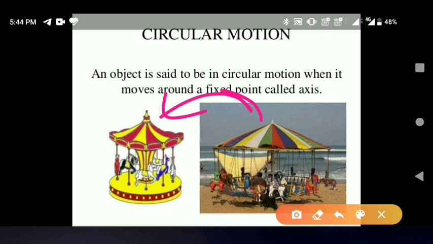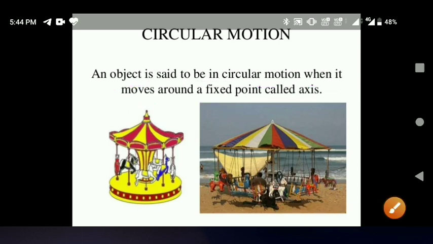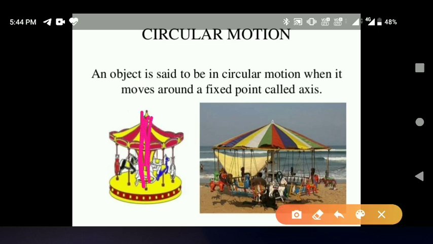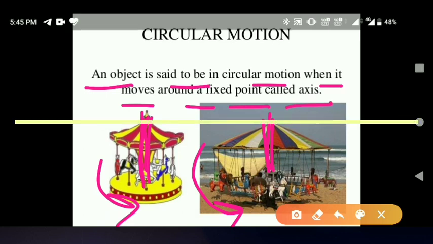In other words, we can say an object is in circular motion when it moves around a fixed point and about a fixed axis. So this is the fixed axis for this object, and here this is the fixed axis for this object. So this is all about circular motion.